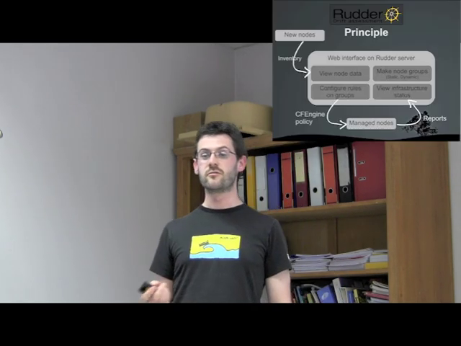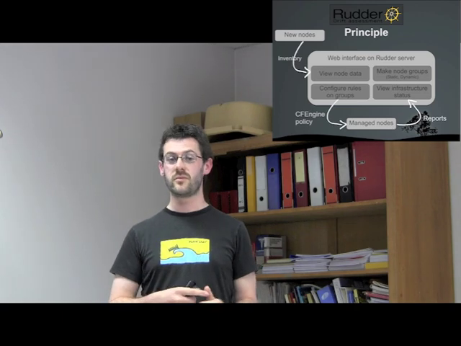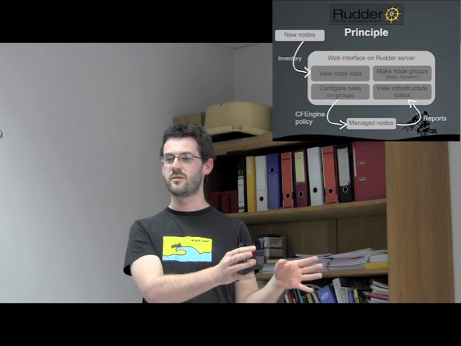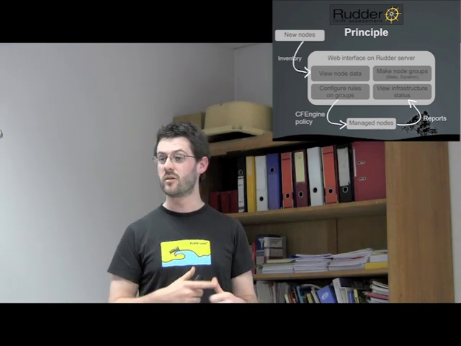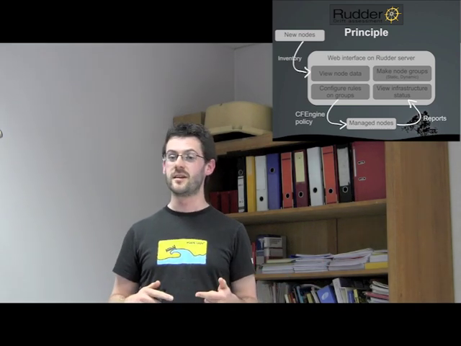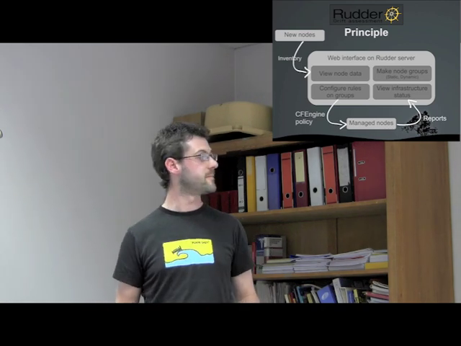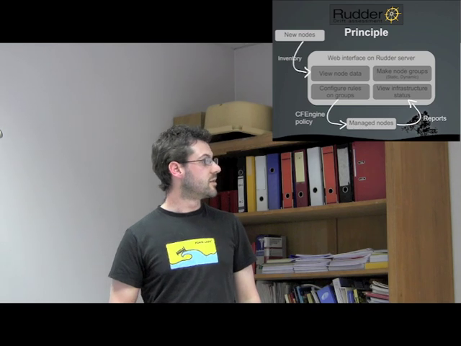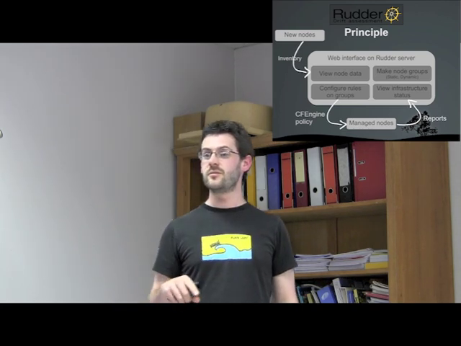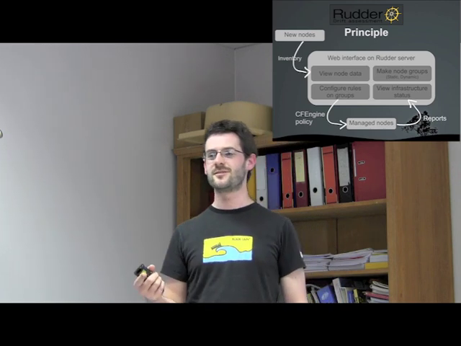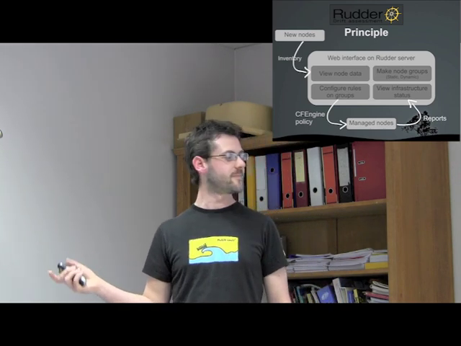Once you have a few, you can make groups of servers, either static groups, these are my production servers, they're 1, 2, 3, that's all there is, I'm very sure that's my group, or dynamic groups, all the Debian machines, all the really old CentOS 4 machines that I really should upgrade, etc. You can then set up rules on these groups. So, for example, you could set up a rule to upgrade some packages on those old CentOS 4 machines you have.